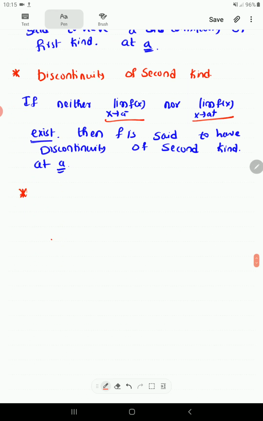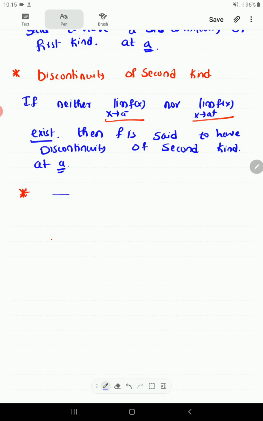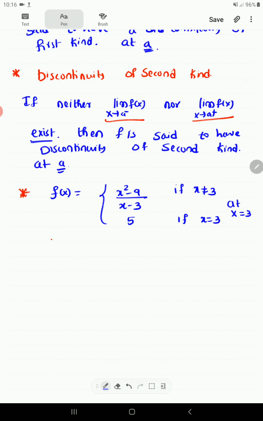They have defined f of x equal to x square minus 9 upon x minus 3 if x is not equal to 3, and it is equal to 5 if x is equal to 3. We have to check whether the given function is continuous at x equal to 3.